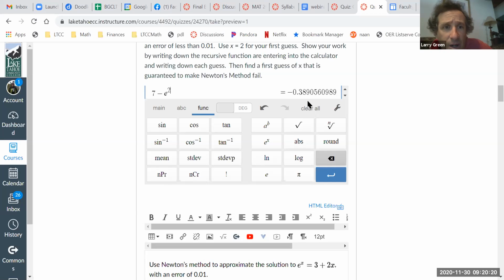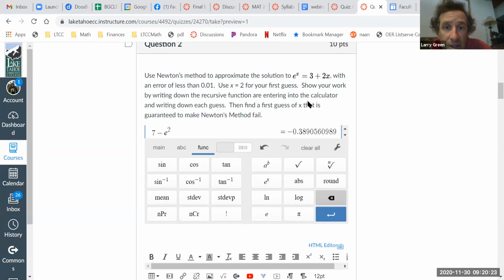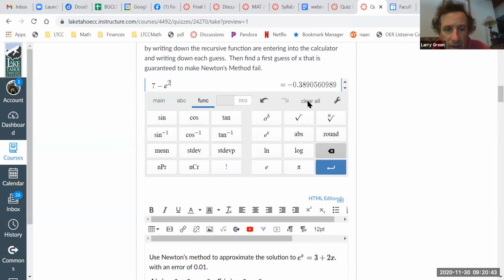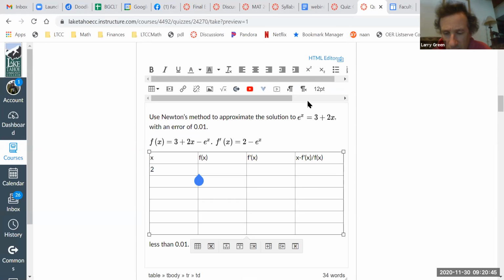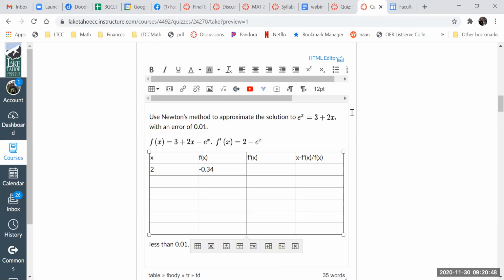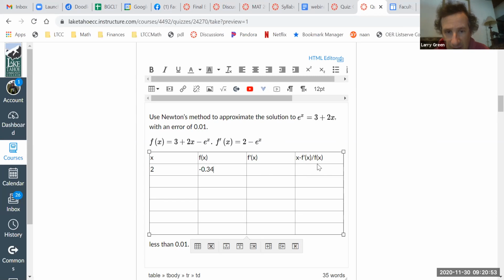I asked for an error of less than 0.01, so 2 decimal places is just fine. So that's negative 0.34. If you want to do more decimals, you can, but the first and last columns should only have 2 decimal places.